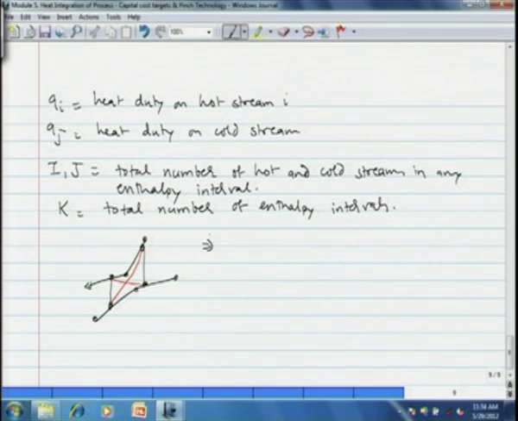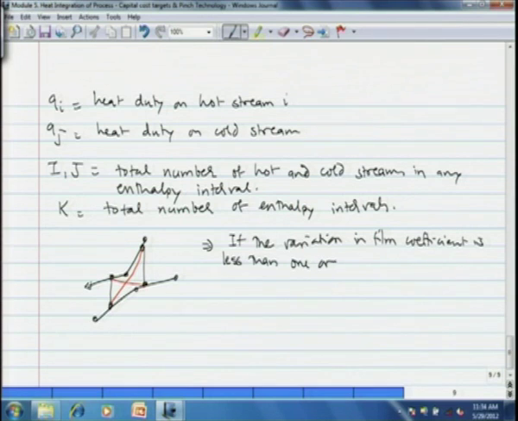That point we note. Okay. If the variation in film coefficients H I and H j is less than 1 order of magnitude, which is quite a large margin, then the above equation predicts network area within 10% accuracy.